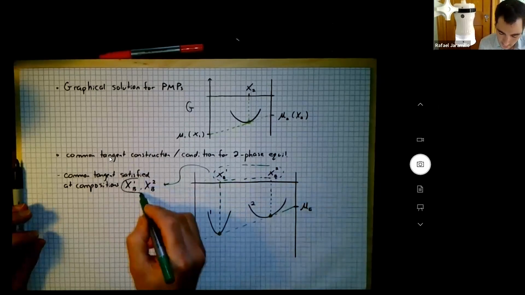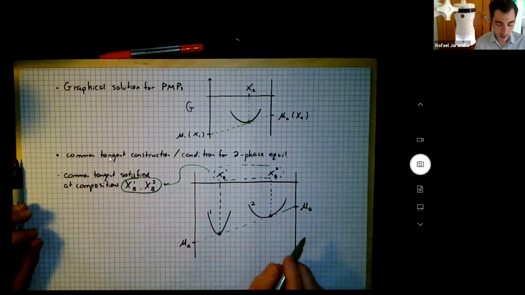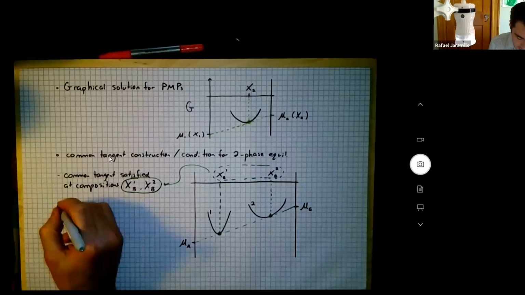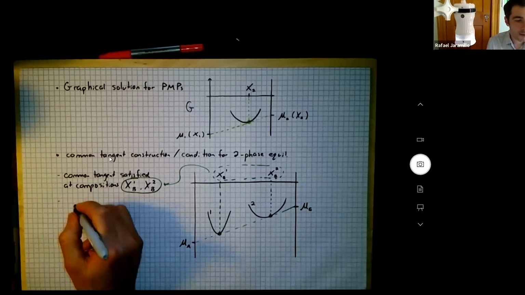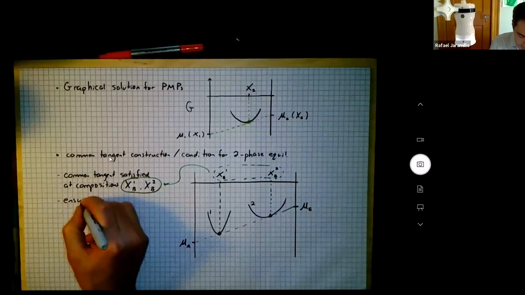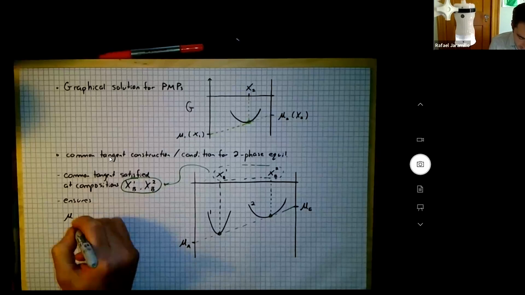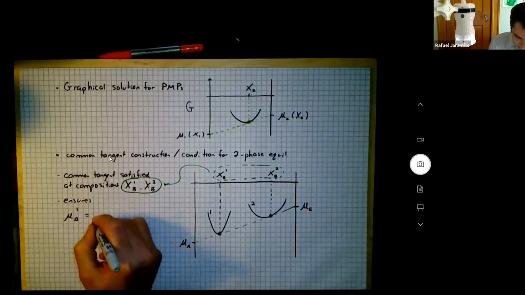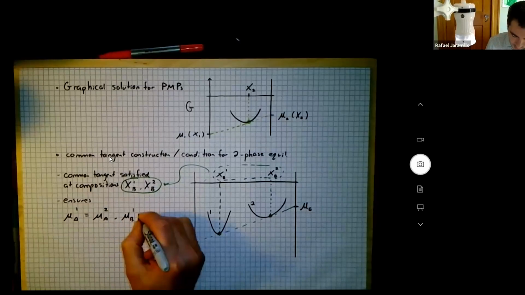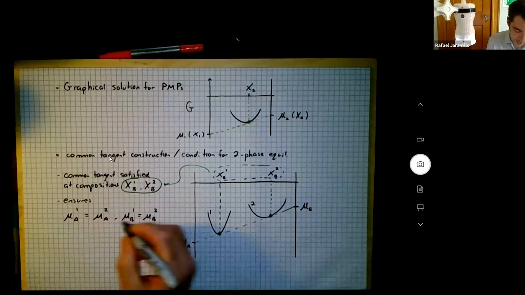It's only those two particular compositions. And for those two compositions, the common tangent ensures that the chemical potential mu A1 equals mu A2, mu B1 equals mu B2. All right, this is the equilibrium condition.